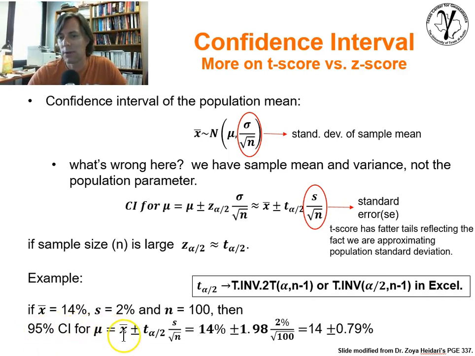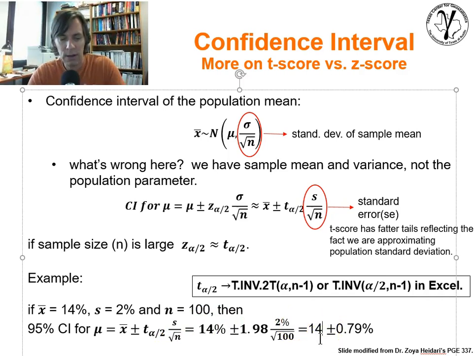So the 95% confidence interval in the sample mean is going to be plus or minus, since it's a two-tailed test, we're going to take alpha divided by 2, the t-score of that, and multiply by the standard error, which is the sample standard deviation divided by the square root of n. We substitute that in, and we'll find that we in fact have a result of 14% plus or minus 0.79.